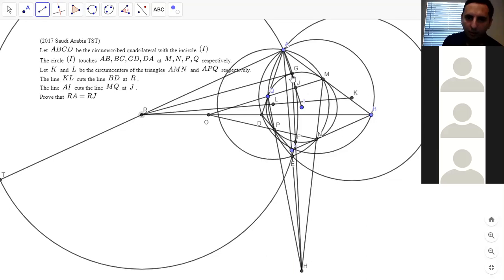And then, wait, I'm a little confused here. So RG, oh, not RGI. Shouldn't RGI be 90 degrees if they're orthogonal?